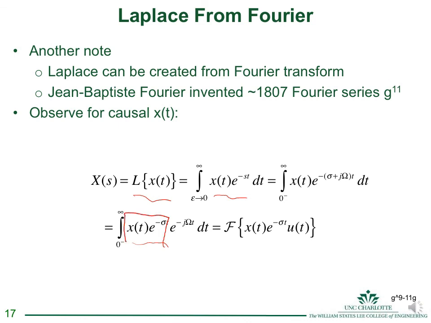And so we can use the Fourier transform to find Laplace transforms just by multiplying the function by e to the minus sigma t and taking its Fourier transform.